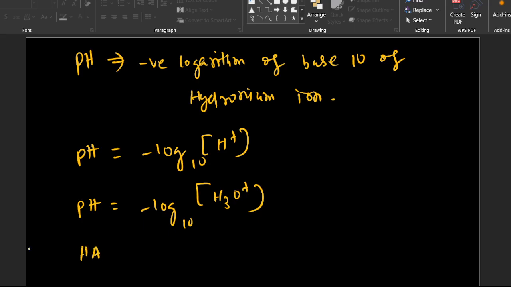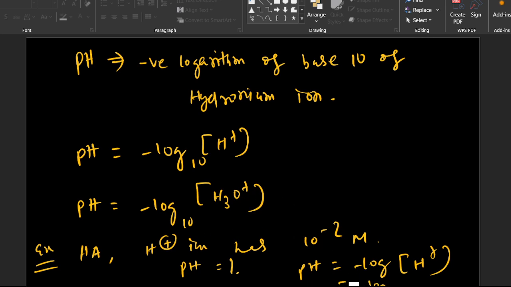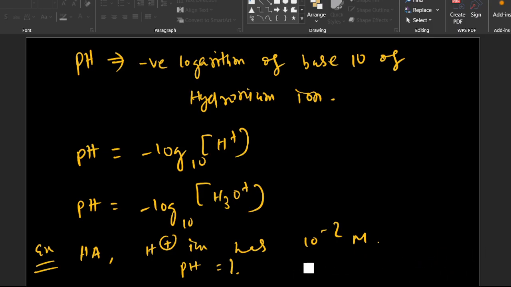Suppose for HA, the H plus ion concentration is 10 raised to minus 2 molar, then pH is negative logarithm of the H plus concentration.